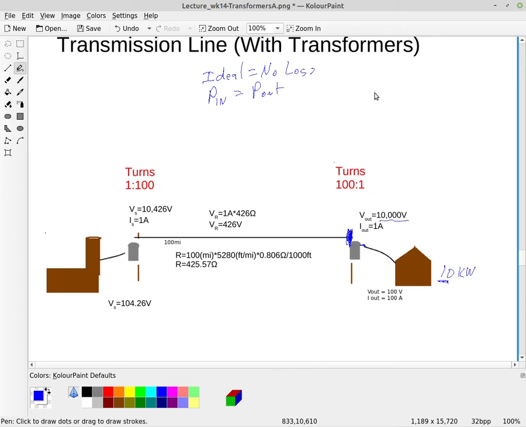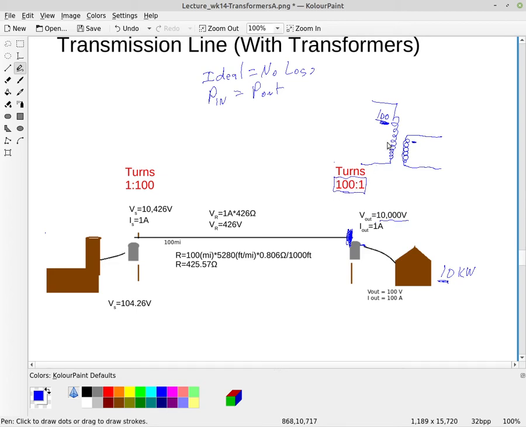Now, the way a transformer works is it uses inductance. We've talked about inductors before, but what they do is they use two inductors. You get a certain number of turns on this side of the transformer, and for every 100 turns on this side, I'm going to have one turn here if it's a 100 to 1 transformer.